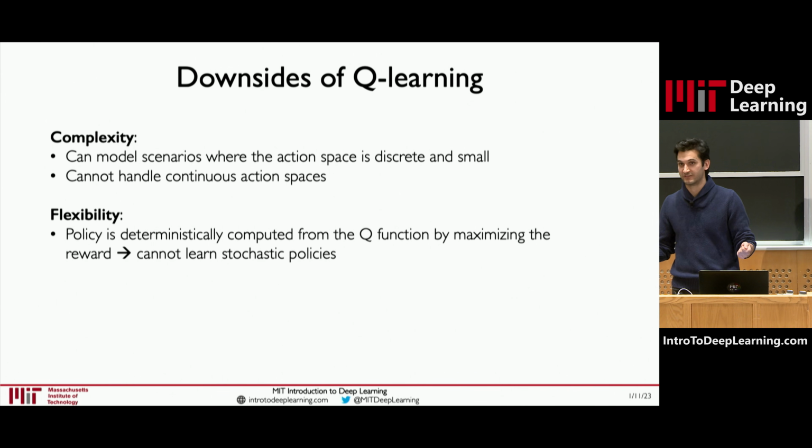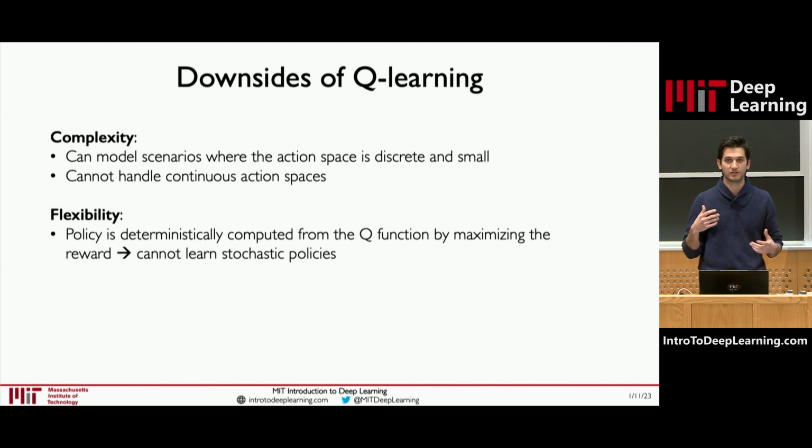Now, if we have a continuous action space, we have to think about clever ways to work around that. In fact, more recently, there are some solutions to achieve Q-learning in continuous action spaces, but for the most part, Q-learning is very well suited for discrete action spaces, and we'll talk about ways of overcoming that with other approaches a bit later.